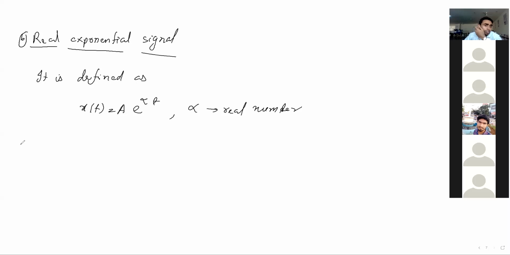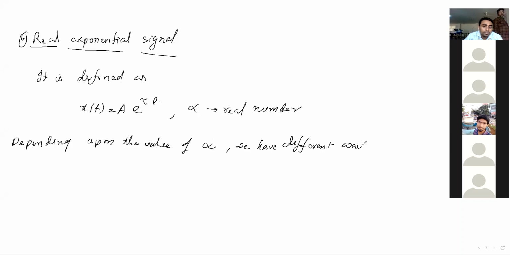And depending upon the value of alpha, we have different waveforms. So, the first condition: when alpha equal to 0, the signal xt would be constant.